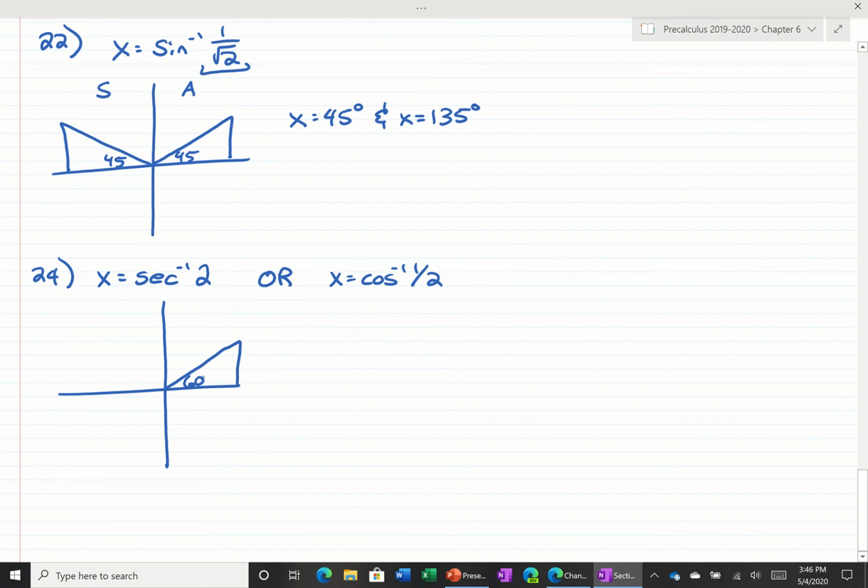We would have, let's say, 1, 2, and root 3, so the secant would be 2 over 1. Because this is a positive number, we're also going to draw wherever secant is positive, which is right here. So one answer would be 60 degrees, and one answer would be 360 minus 60, or 300 degrees.